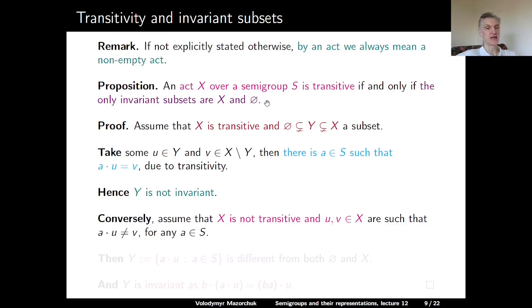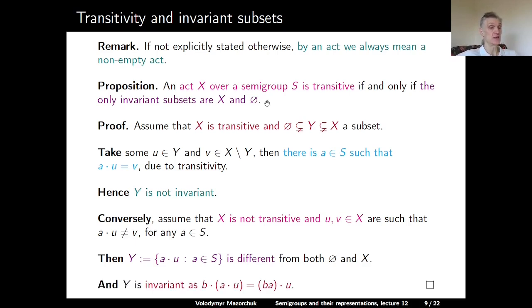Conversely, assume that X is not transitive and that u and v in X are two elements such that we cannot get from u to v by applying any element a in S. So a applied to u is not equal to v for any element a in S. Consider the set Y, defined as a applied to u, where a goes through all elements in S. That's definitely different from the empty set, and it's different from X because it doesn't contain v.